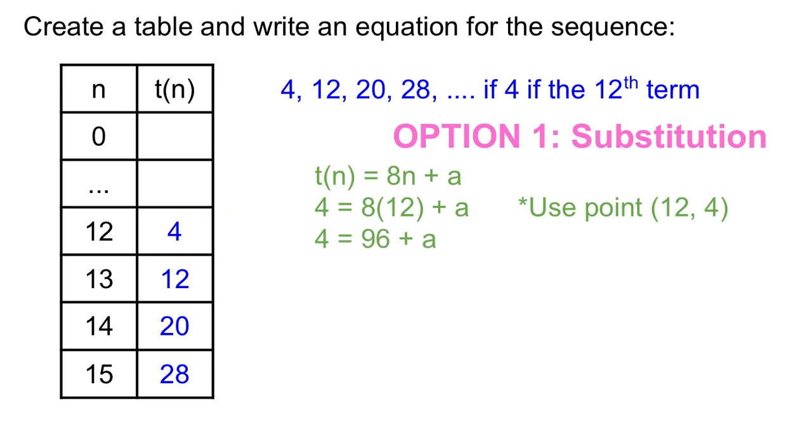And then if I subtract 96 from both sides, I get negative 92. That means that my a value, or my initial value next to 0 on the table, is going to be negative 92. To write the full equation, I just need to know what my sequence was going up by, which was 8, and then what my term 0 would be, which we just calculated as negative 92.